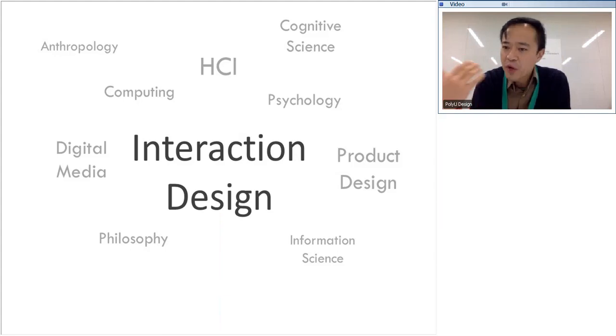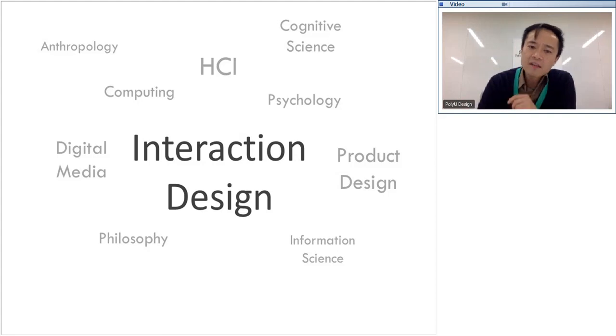Actually, it's everywhere around us. So it's connected to human psychology. And we know that design as a discipline and also as a practice, we can always design something for people to use, including something related to technology. So product design is related.